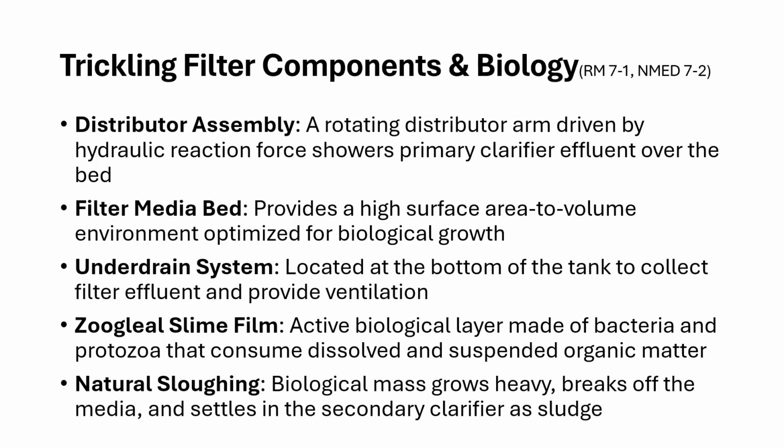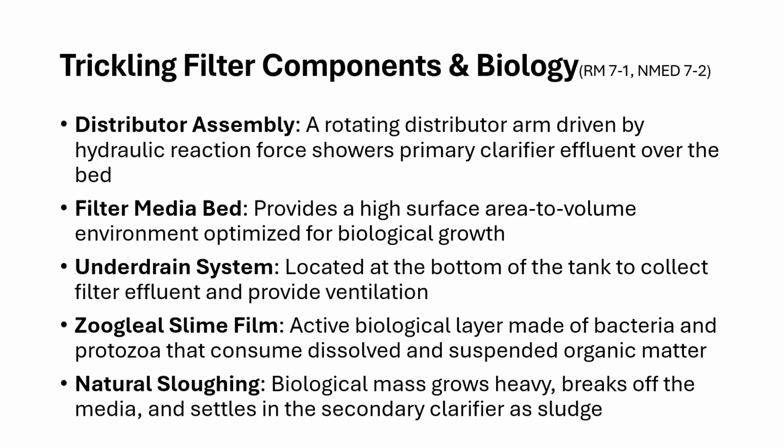And then you have natural sloughing, is what it's called. That process is when that biological mass or that slime layer starts growing and gets heavier, it'll break off the media and it'll settle in a secondary clarifier as sludge. So it's kind of a self-regulating film.